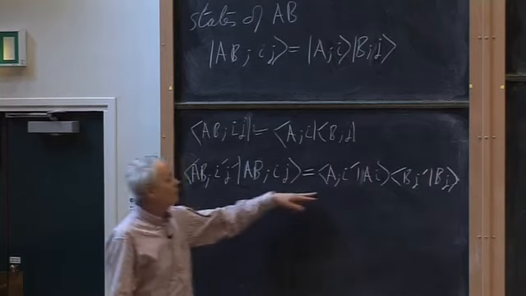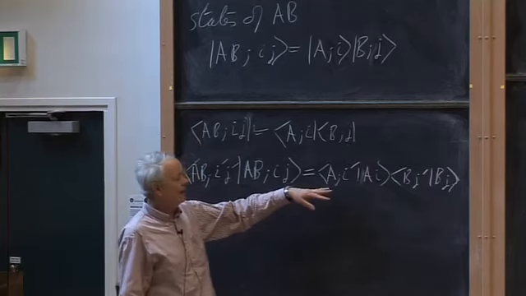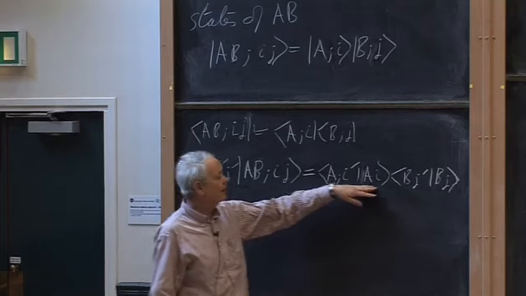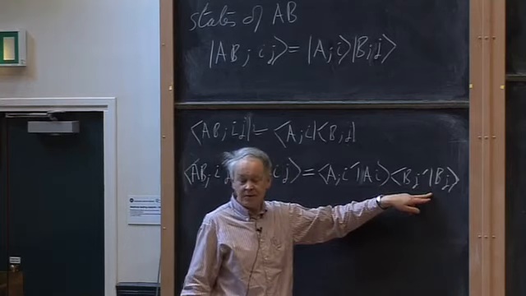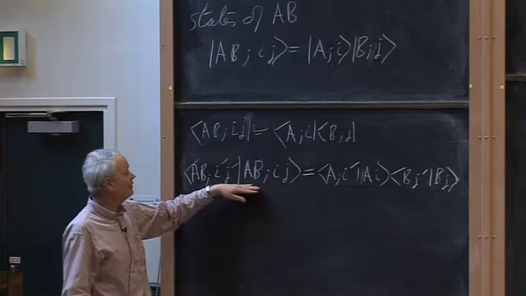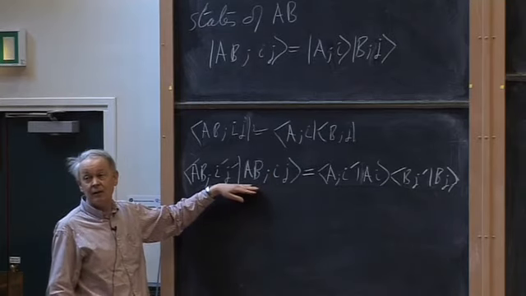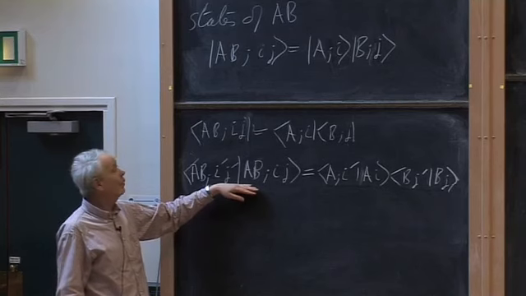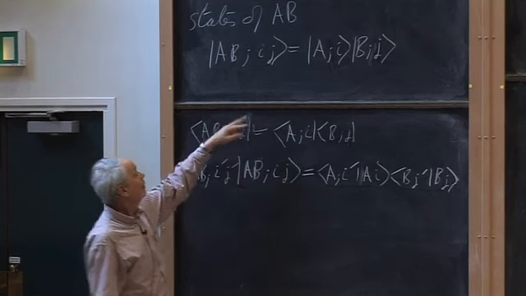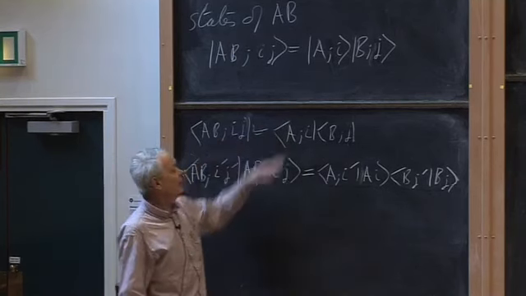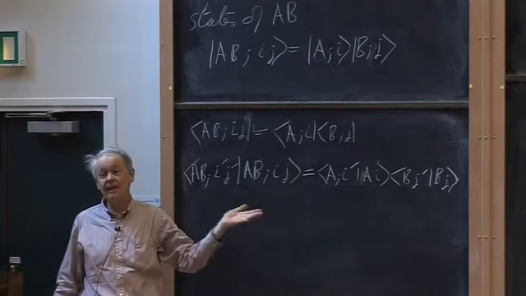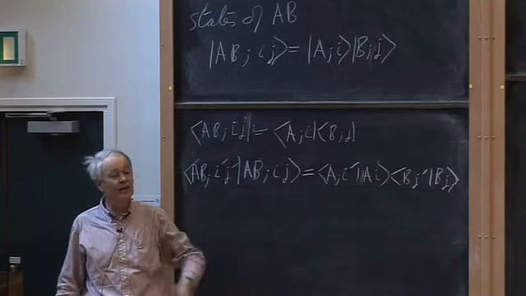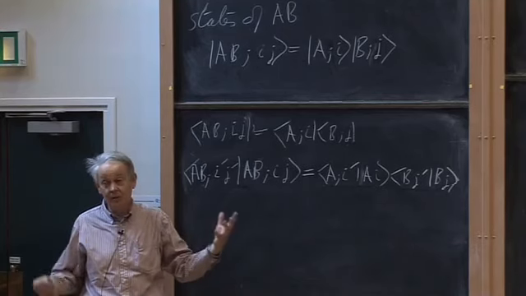So what I've written on the right is completely well defined, because this is a complex number and this is a complex number, and we can multiply complex numbers, and we get a complex number which gives meaning to this on the left. That's really the essence of giving meaning to this thing here, because remember, all we want with kets is to calculate amplitudes, whose mod squares are going to be the probabilities that give us our predictions.